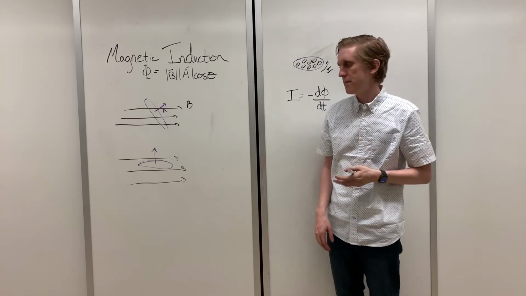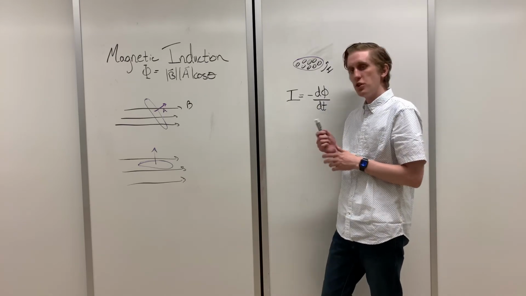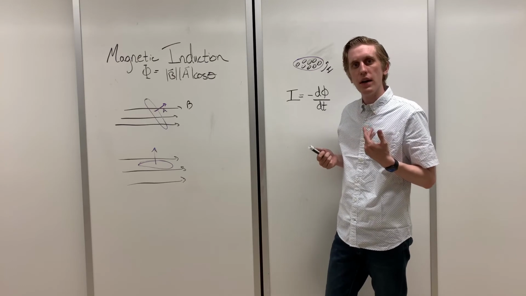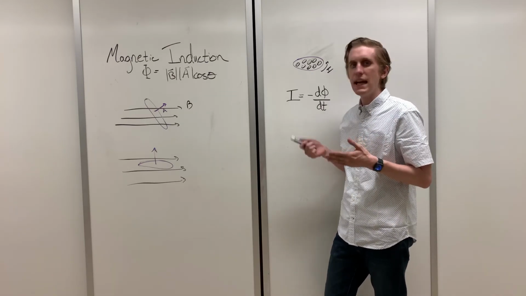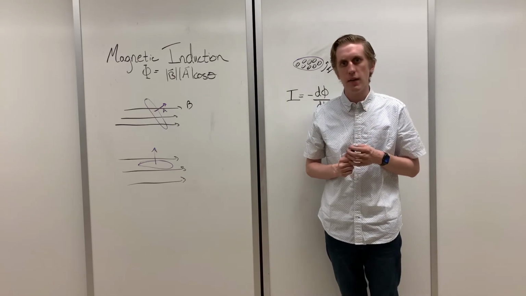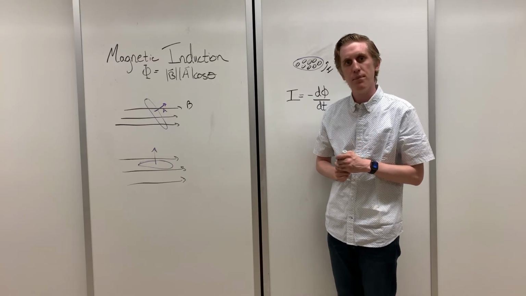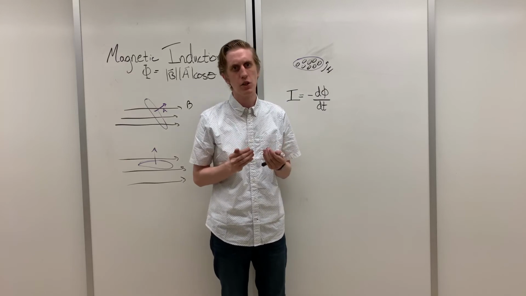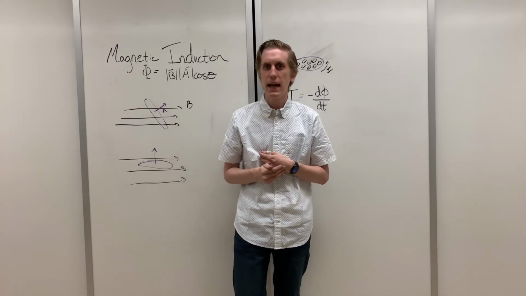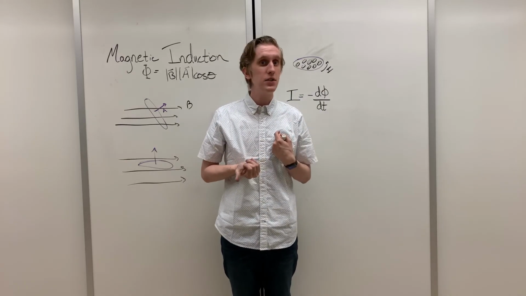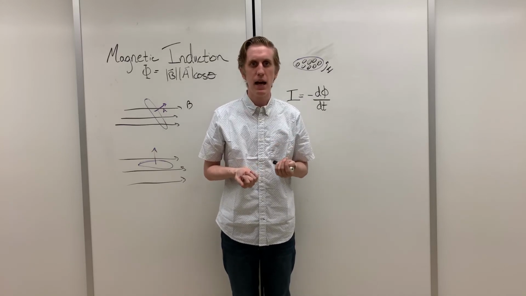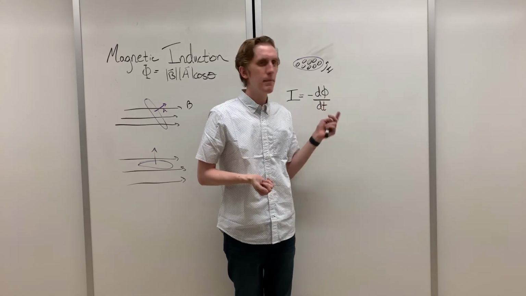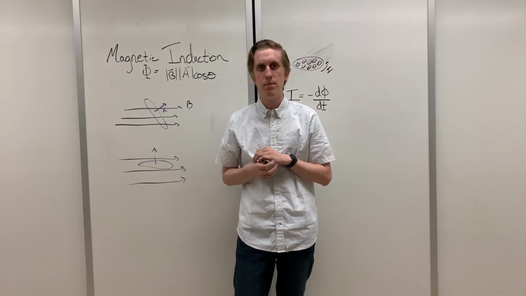Let's just consider what it means. This just says that the induced current is equal to the negative change in flux divided by the change in time. In other words, if you can calculate how much the flux changes by, and then calculate how long it takes for the flux to change by that amount, and then divide one by the other, you'll get the current.